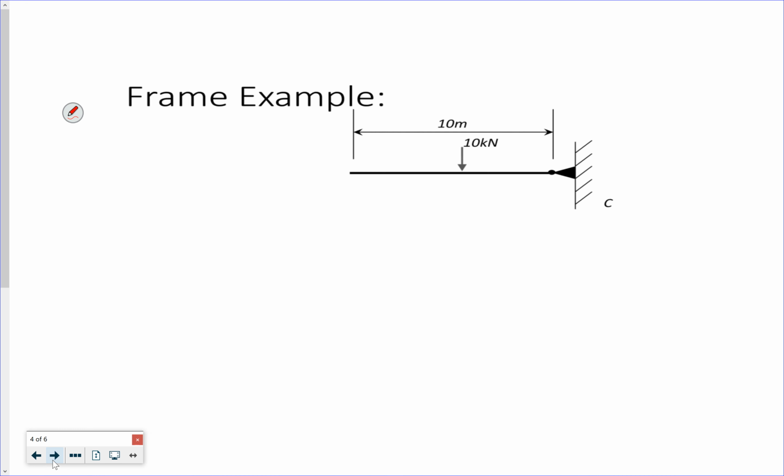I can do one of 2 ways, right? Well, let's first draw the reactions. I've got 5 kilonewtons acting horizontally and 2.5 kilonewtons acting vertically at C.